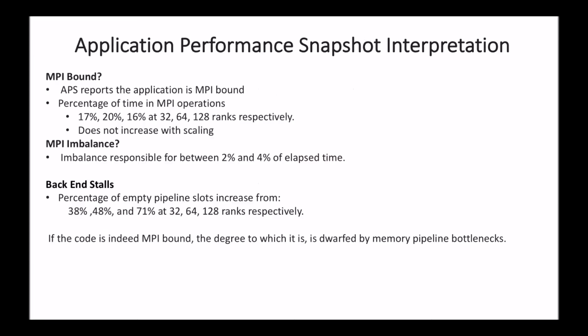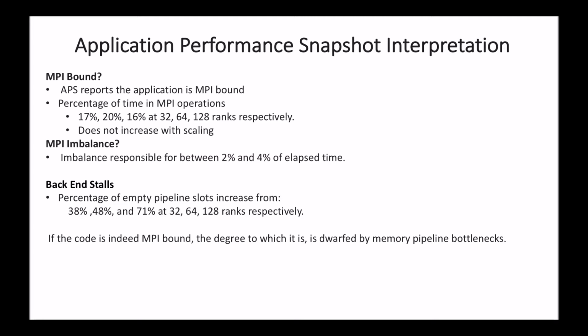I'm not sure if that's true, but the data it provides is that the percentage of time in MPI operations is 17%, 20%, and 16% at 32, 64, and 128 ranks respectively. That's how much time it spends in MPI operations. Now, that may in fact be a measure of being MPI bound.